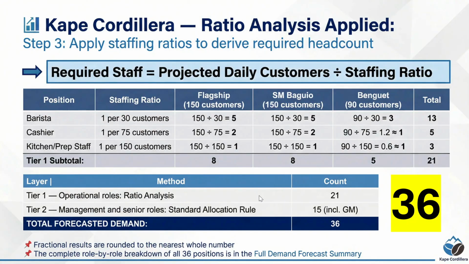So, step 3, now we can apply the ratio from step 1 and the projected customer volume from step 2. So, required staff, ang formula natin dito equals projected daily customers divided by staffing ratio.